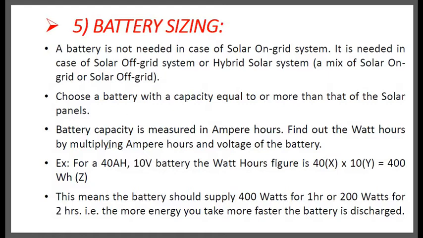For example, a 40 ampere hour battery, 10 volt battery, the watt hour figure is 40 into 10, so it will give 400 watt hour, because this 40 ampere hour battery multiplied by this 10 voltage, so 10 volt into 40 ampere will give 400 watt, because we know that ampere into voltage is equal to watt, and this hour as it is, so this is the 400 watt hour battery.